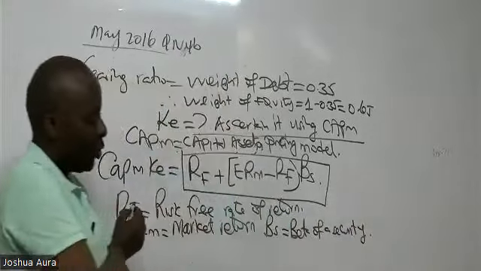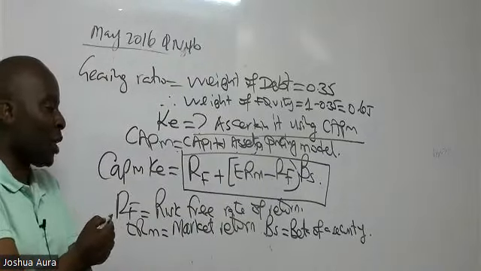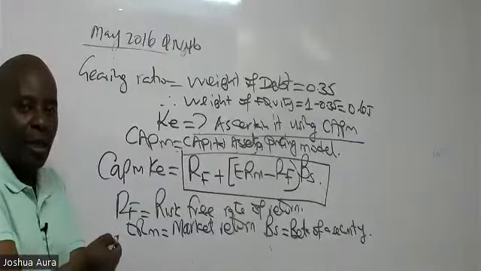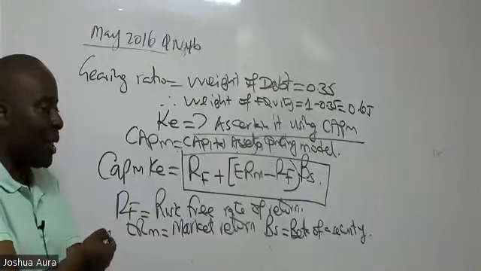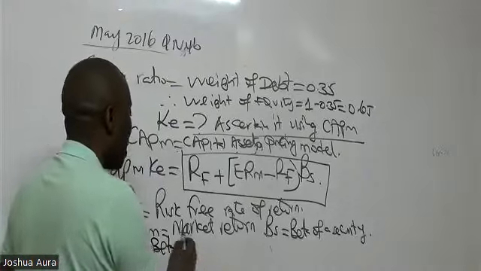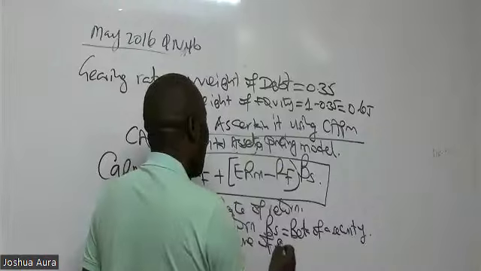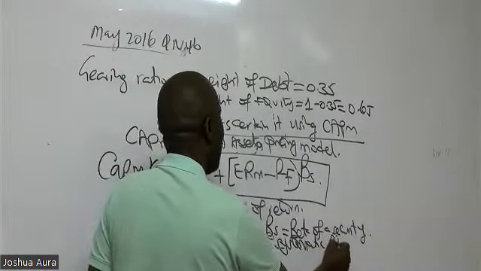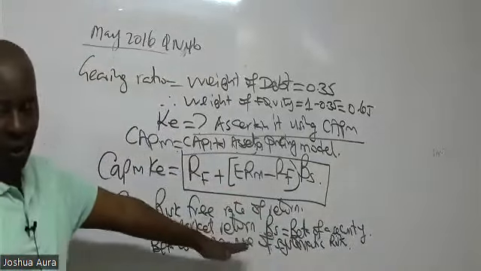For now, I would simply want you to appreciate that the beta of a security stands for the systematic risk. So beta is a measure of systematic risk. Don't worry about systematic risk.